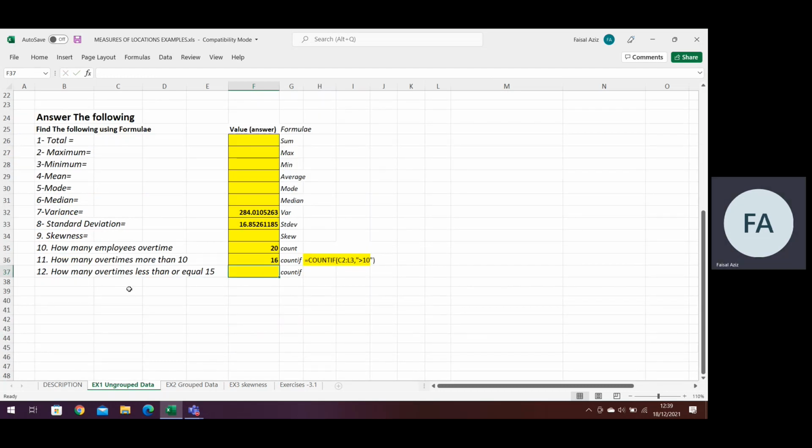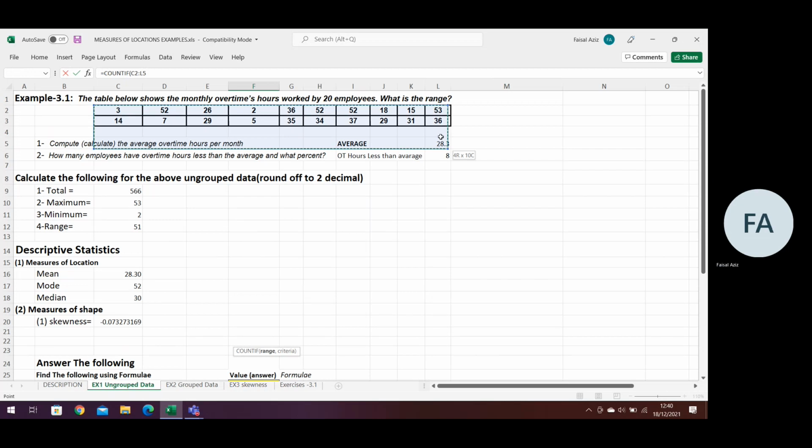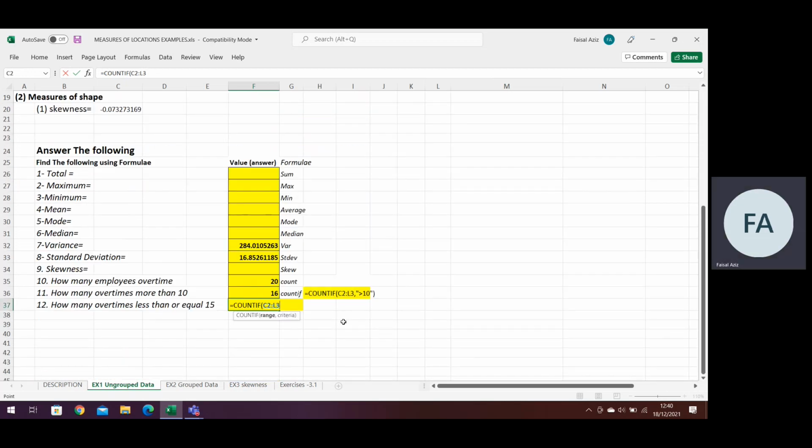Similarly, we need to know how many overtimes less than or equal to 15. So again we can use countif, double click and select the data set, comma, inverted comma, observations less than 15.